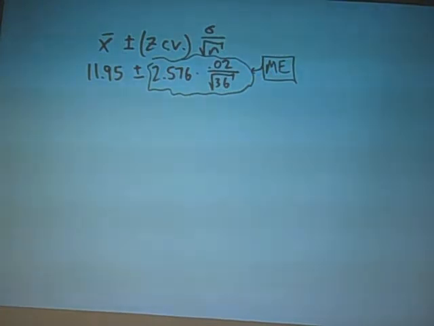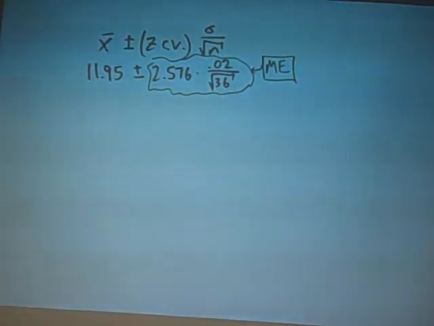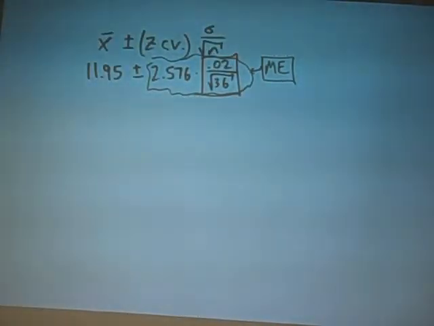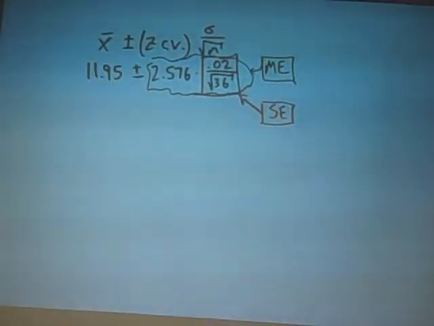The plus or minus just means you do it once with a plus and once with a minus, so you get both endpoints. That entire thing, 2.576 times 0.02 divided by the square root of 36, is the margin of error. And if you want to be more specific, the piece 0.02 divided by the square root of 36 is the standard error.